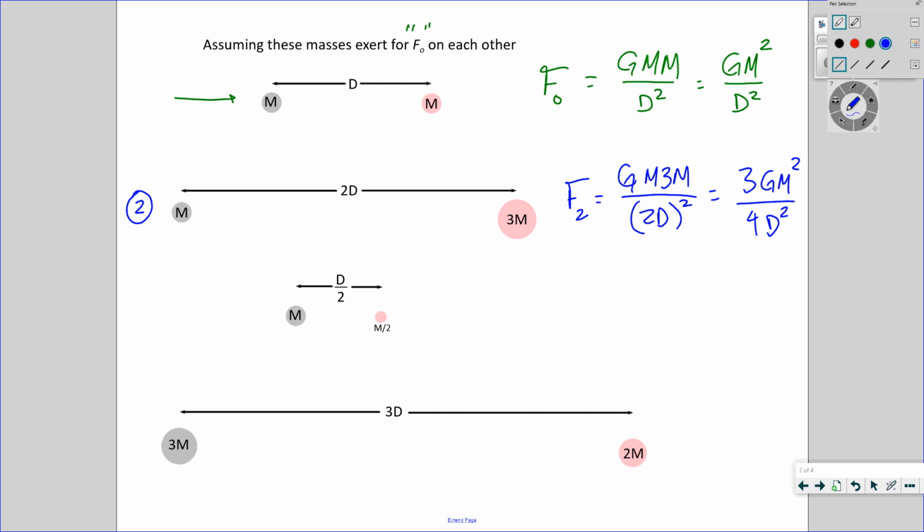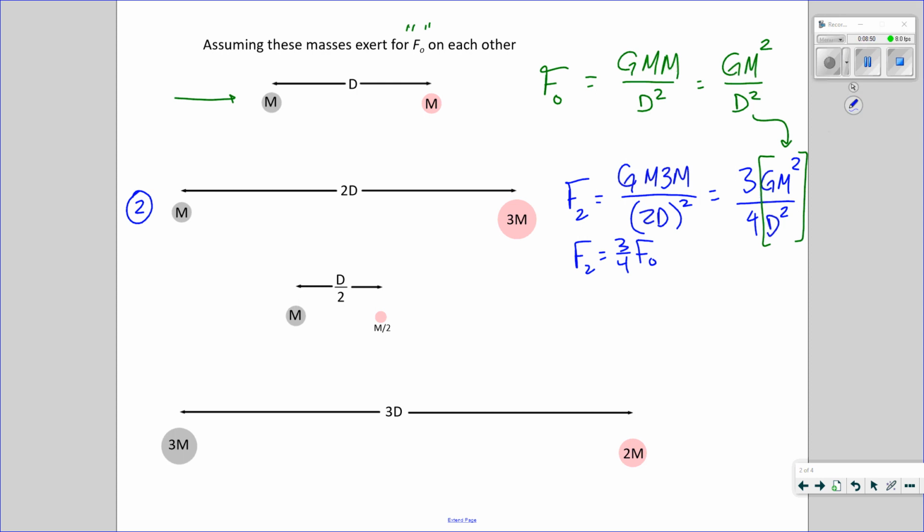And notice that is F naught. So F2 is 3/4 F naught. These just get us some practice with the algebraic relationships inherent to this expression for gravitational force. Just be careful: m times 3m is not 4m. m plus 3m is 4m, but there's no pluses in here. There's no adding of masses.